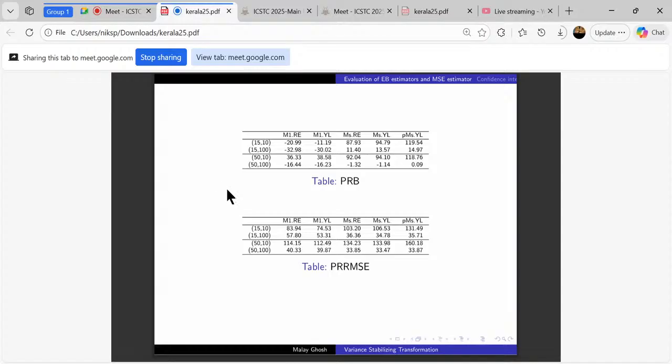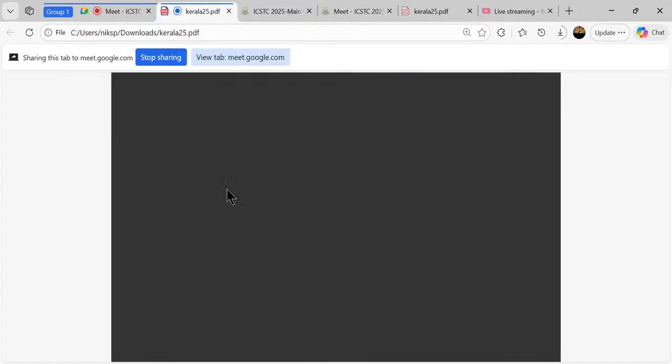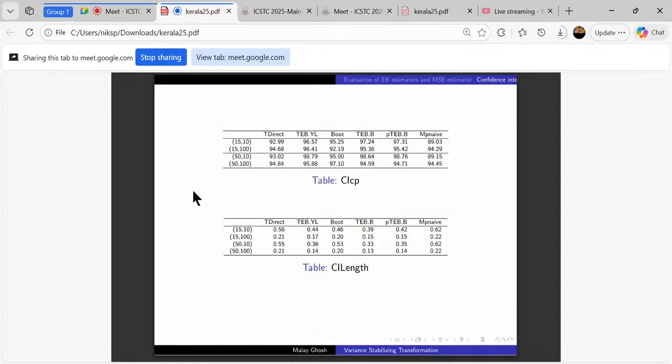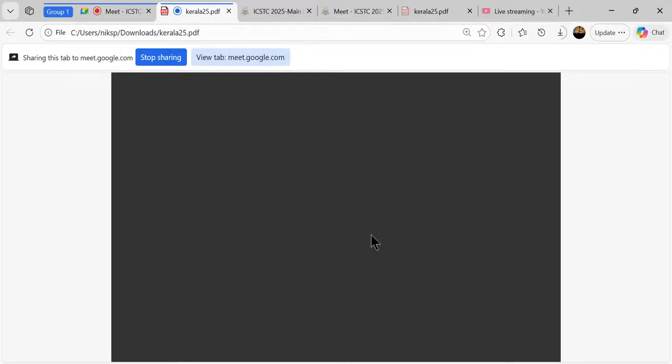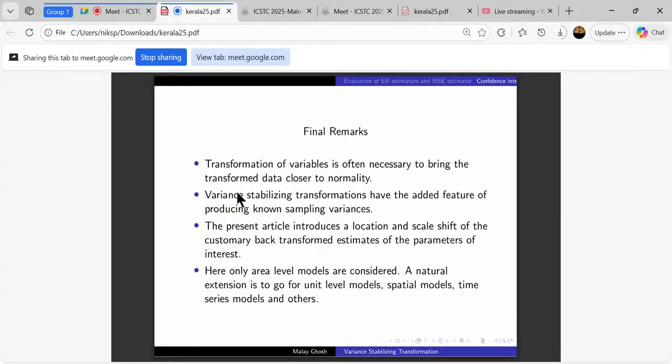Let us skip the references and go to the final thing. Final remarks. Transformation of variables is often necessary to bring the data closer to normality, and variance stabilizing transformations have the added feature of producing non-sampling variance.